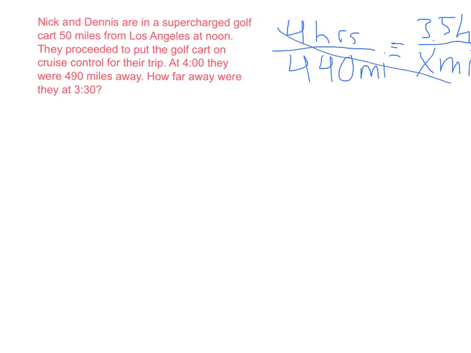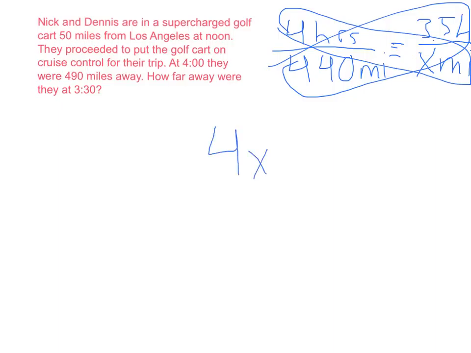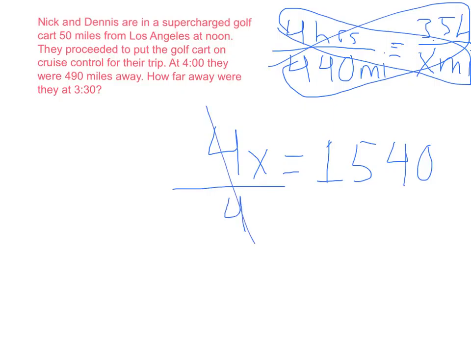So, when we cross multiply, we will have 4x equals 1,540, and we will divide this side by 4, and we are left with x equals 385.